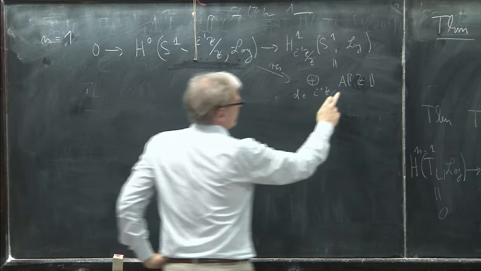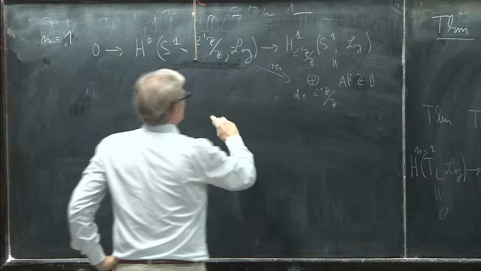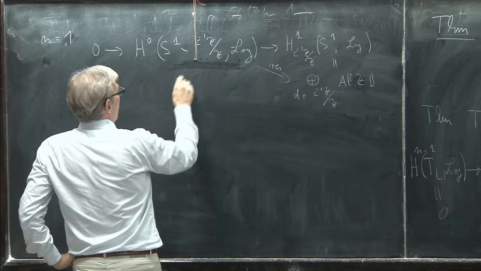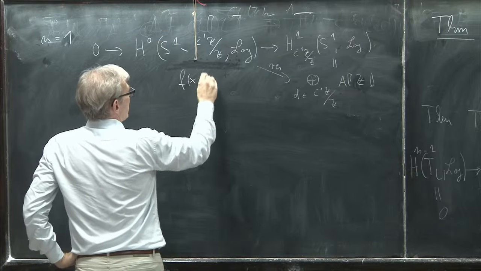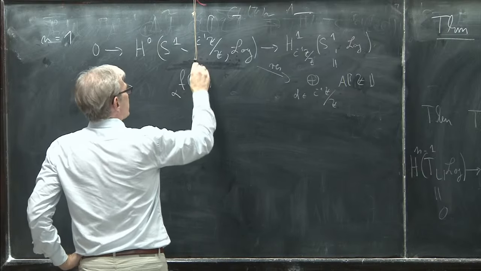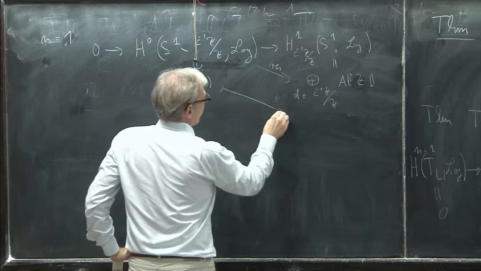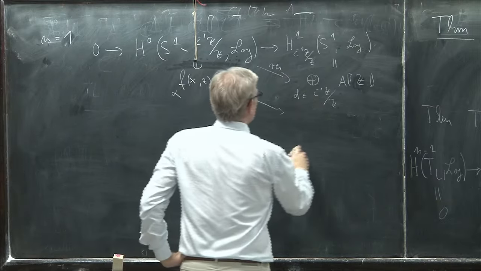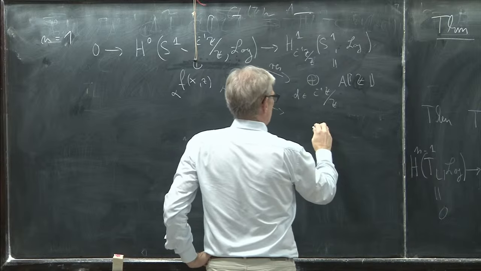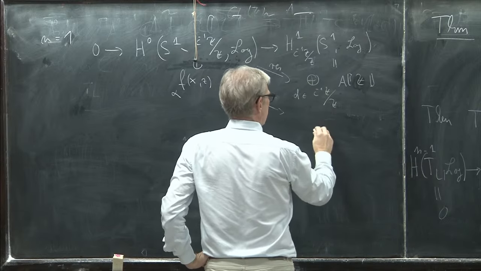And so this is exactly this condition which we had before. The f x z alpha, which is a section in here, satisfies that via this residue map, it goes exactly to the following function in here.